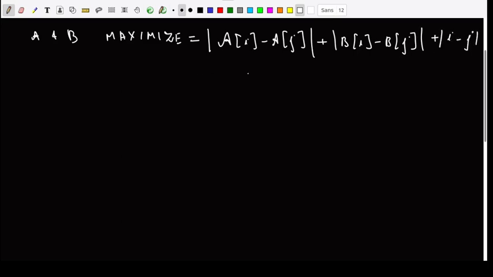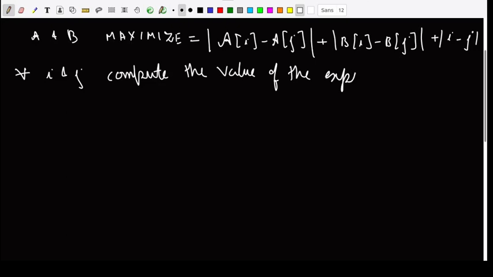So the brute force solution is possible here, and the brute force solution is basically for all i and j, compute the value of the expression, and while computing, find the maximum value.